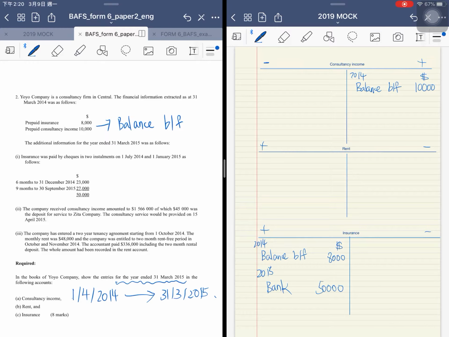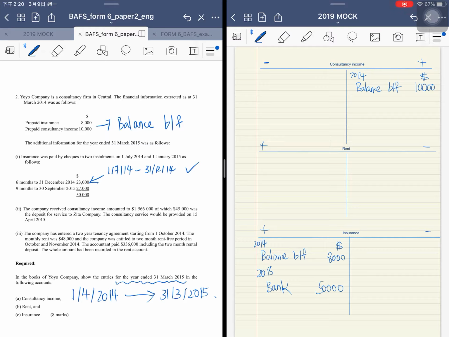If we look at the 30,000, that means from July to December 2014, which is included in our accounting year, so all costs are included.